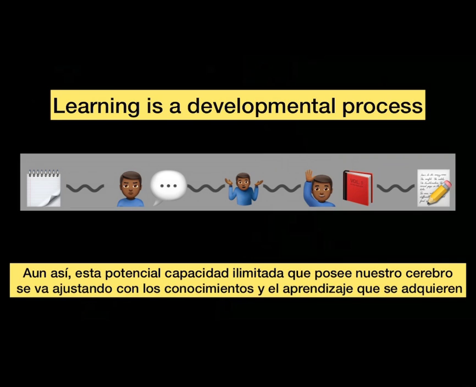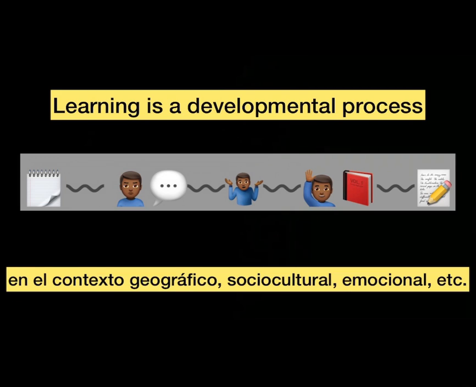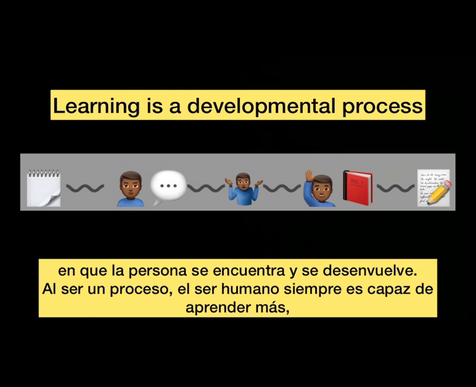Even so, this unlimited potential capacity that our brain possesses adjusts with the knowledge and learning that are acquired in the geographical, sociocultural, emotional context, etc., in which the person meets and develops.